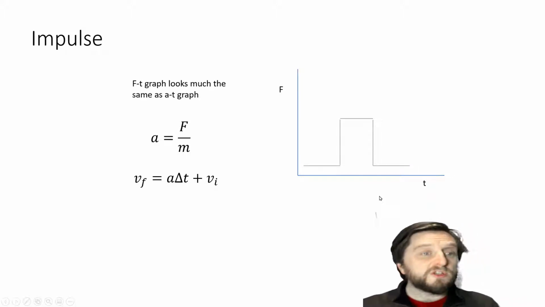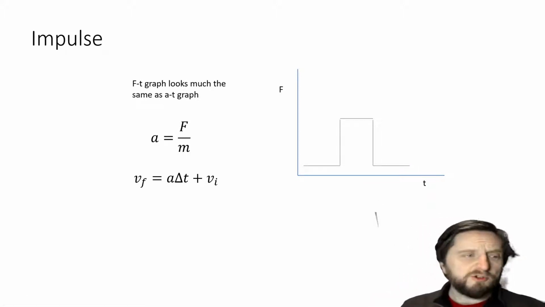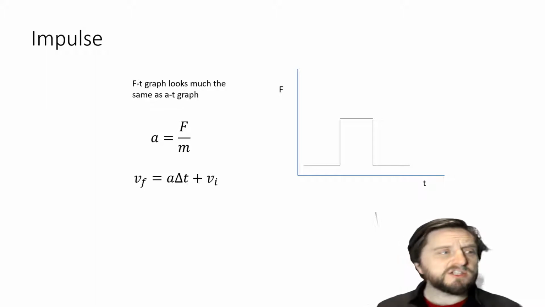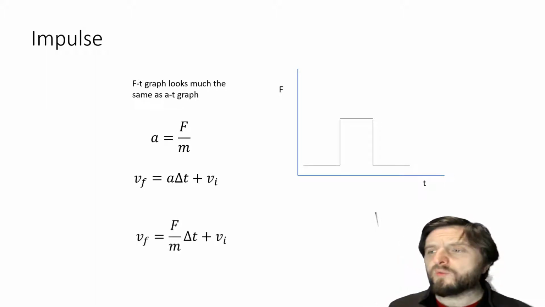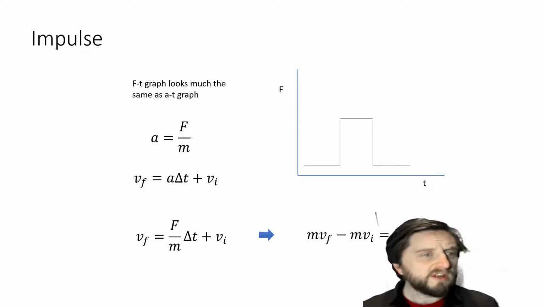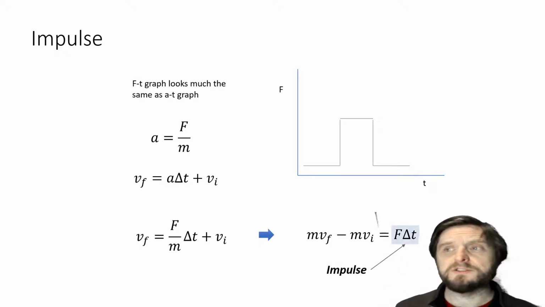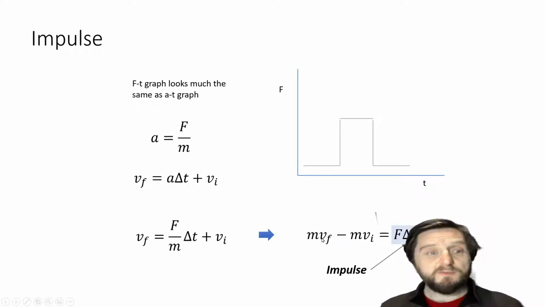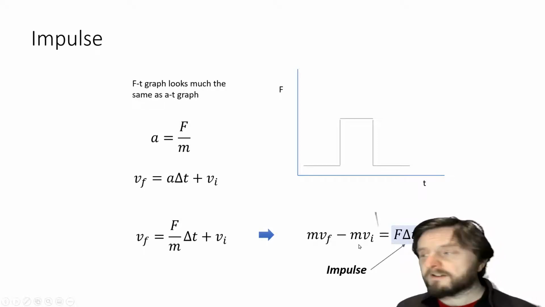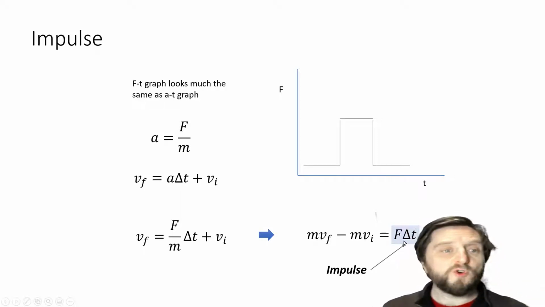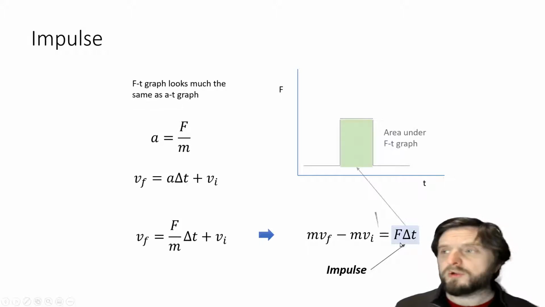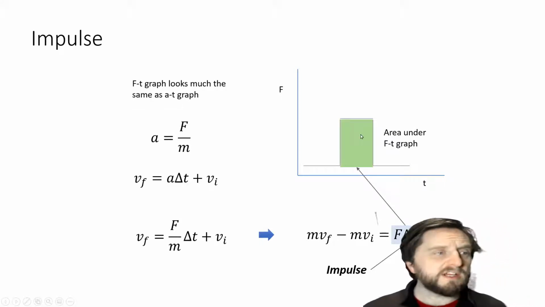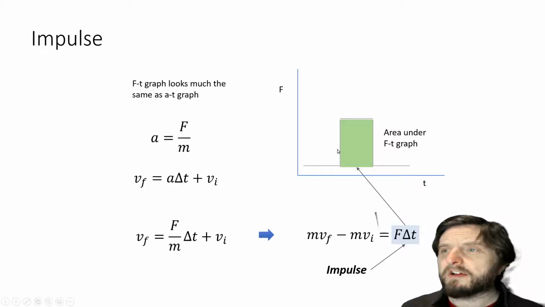From that, we looked at the force time graph, which you see matches the acceleration time graph. Following this problem through, we worked out the ideas of impulse and momentum. So if you remember, the mass times velocity before minus the mass times velocity after equals the force times how long it was applied for, and it corresponds to kind of the area under this graph.